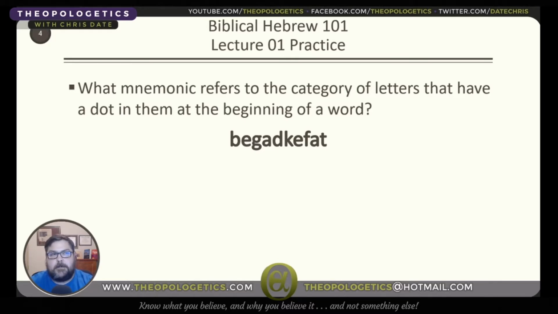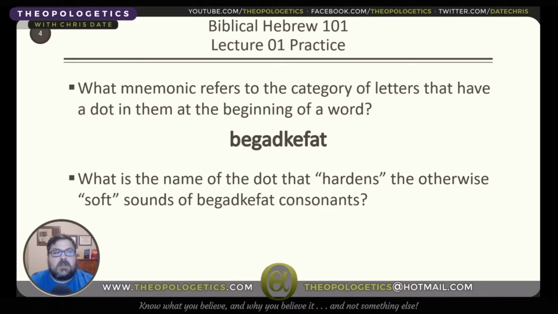And you can go and rewatch the first lecture if you need a refresher on which consonants those English consonants correspond to. The next question is, what is the name of the dot that hardens the otherwise soft sounds of Begad Kafat consonants? So remember, we've identified this as the category of letters that takes a special dot when they appear at the beginning of a word, and that dot hardens the otherwise soft sounds of these consonants.